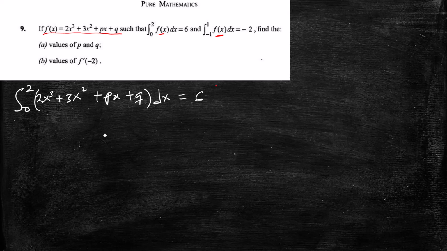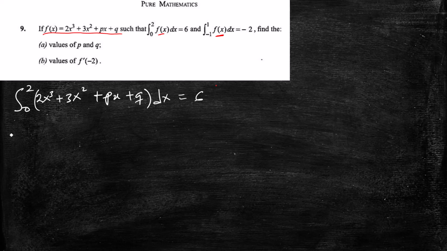So I'll just add 1 and divide by the total. In case we're given x to the power n, the integral is x to the power n plus 1 over n plus 1.